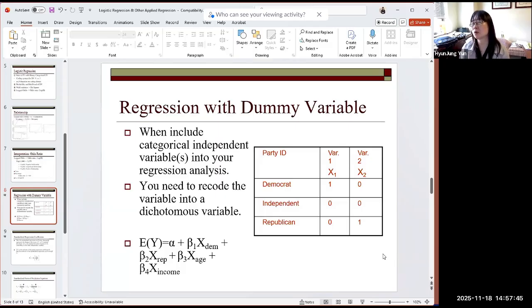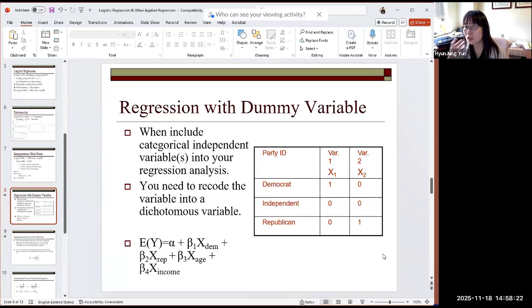Since it's a regression model, we are still looking at a linear regression line. Actually, we have a different regression line for white versus black, or Republican versus Democrat. So a different regression line for each category of the group. That's a regression model with a dummy variable.